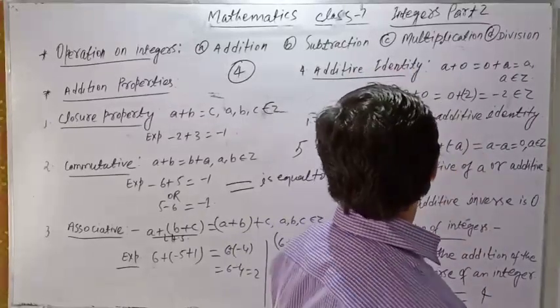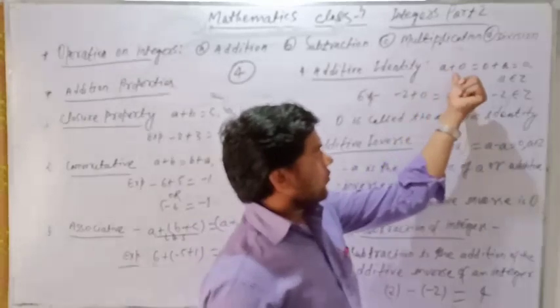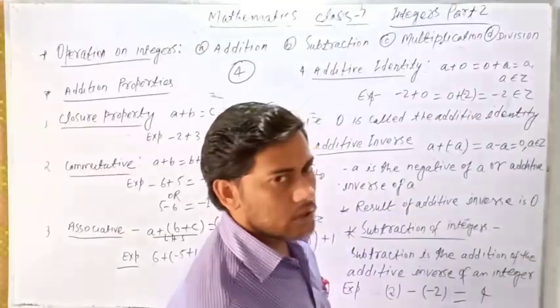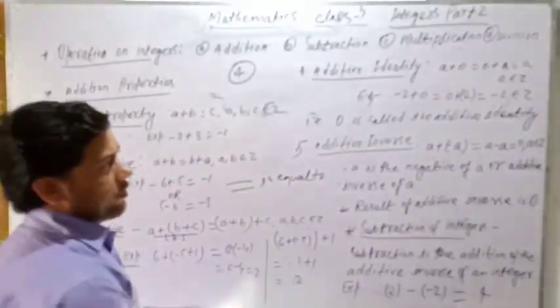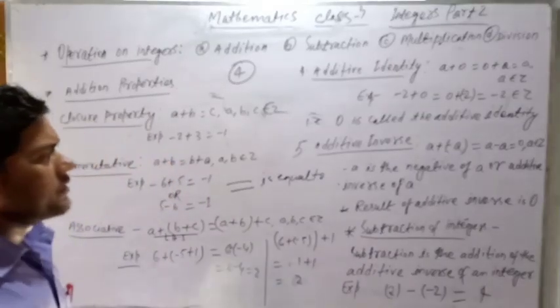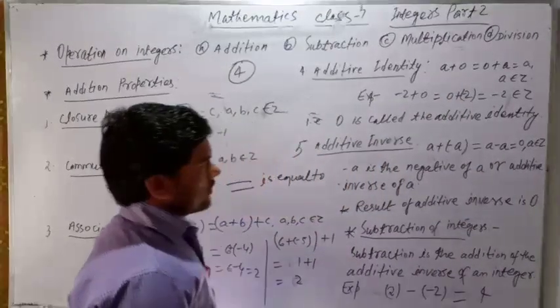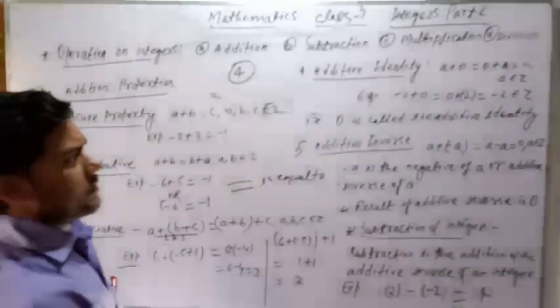Additive identity. Fourth property is additive identity. a plus 0 is equal to 0 plus a, where a belongs to Z. It means in any integer, if we add 0, the result comes that integer.